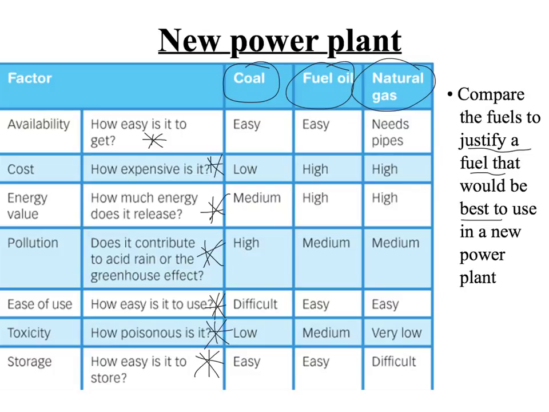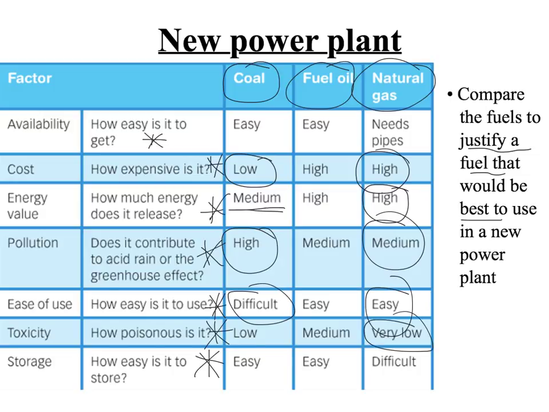Now obviously there is not one that stands out in every different category. So we've got one here that's got medium energy value that has got a very low cost. However, its pollution is very high and it's difficult to use. We've got one over here that has got a high energy value, a high cost, medium pollution and very easy to use.